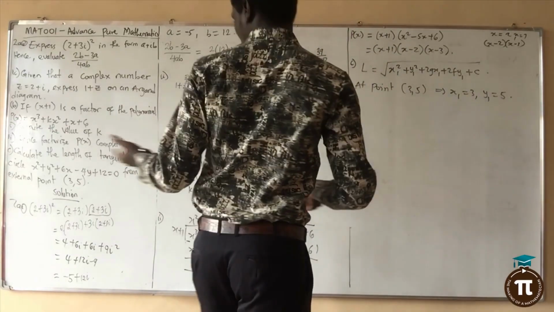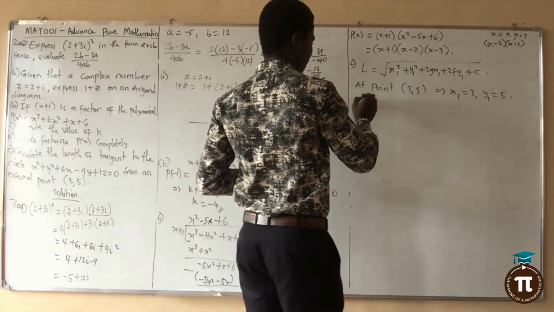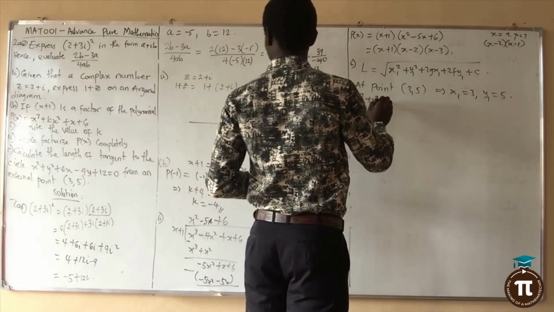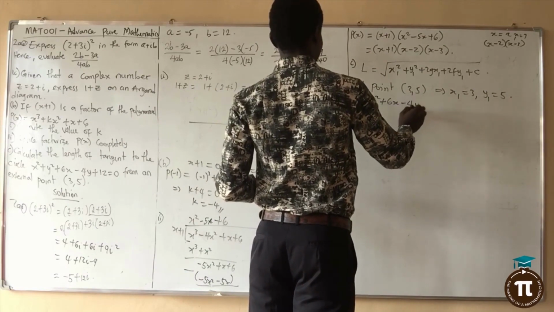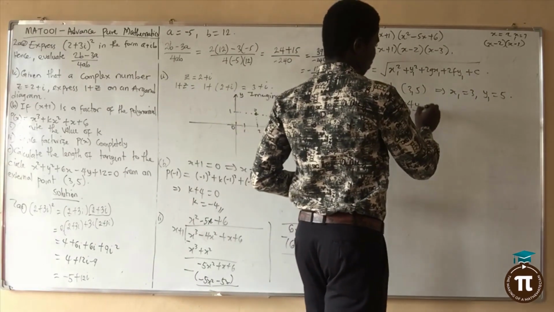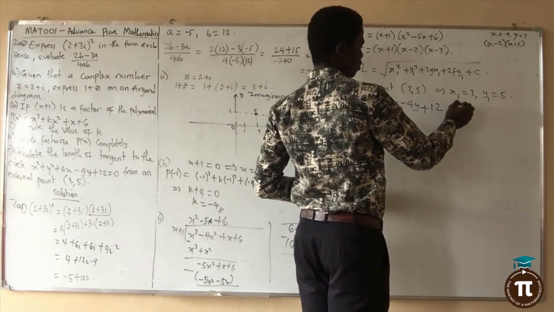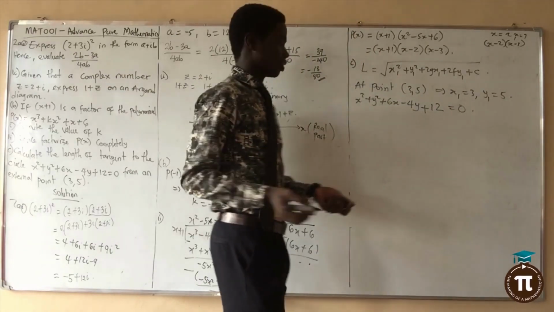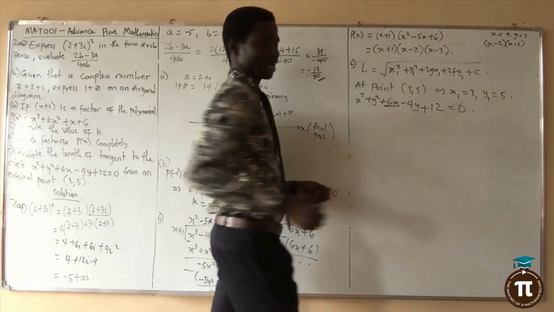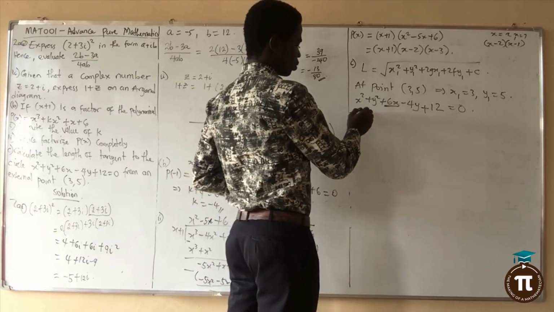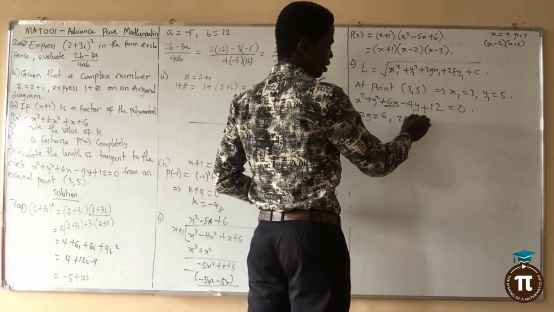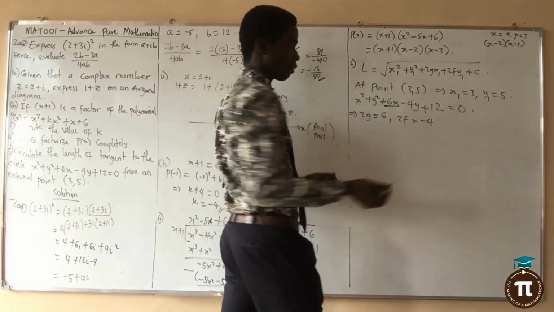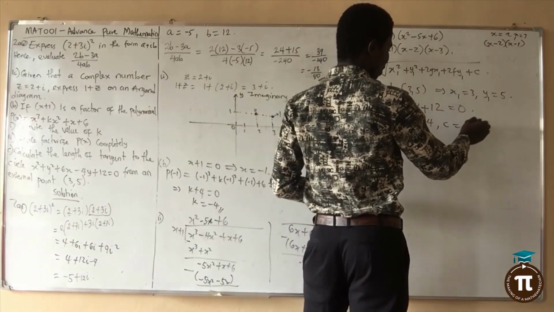Now, the equation of the circle you are given is x squared plus y squared plus 6x minus 4y plus 12 is equal to 0. You need 2g. Of course, the coefficient of x is 2g. So 2g is equal to 6. The coefficient of y is 2f. 2f is equal to minus 4. The constant is actually equal to 12.